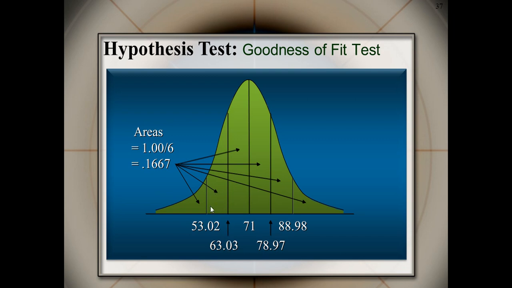Similarly, since I know the total area to the left of this line is 2 by 6, that's my probability. I'll go to the normal distribution table, find the z value, and with that z value find the x value. In this case it comes out to be 63. 71 is anyway the middle number, and the mirror image of this will be here. That's how I got the 6 ranges for expected frequency.